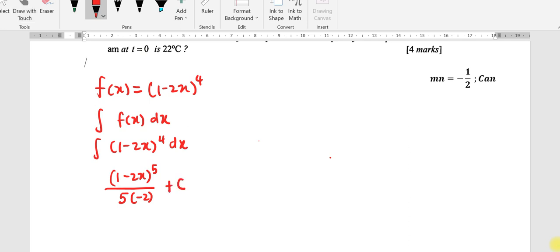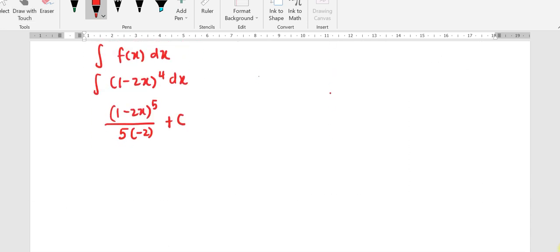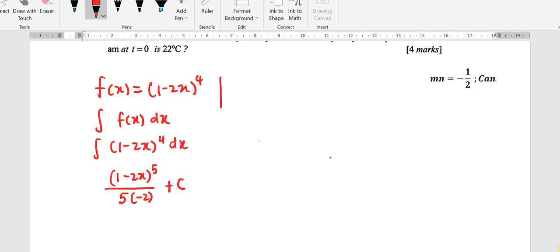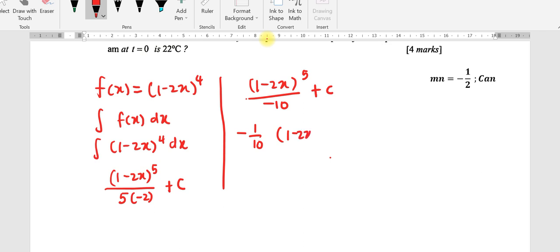Okay, let's clean this up. So (1 minus 2x) power 5 over negative 10 plus c. You also can write this as negative 1 over 10 (1 minus 2x) power 5 plus c.